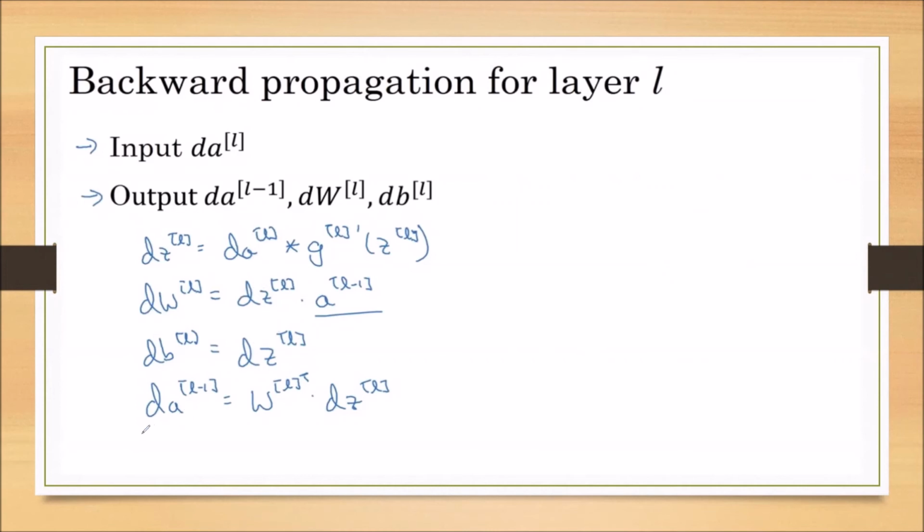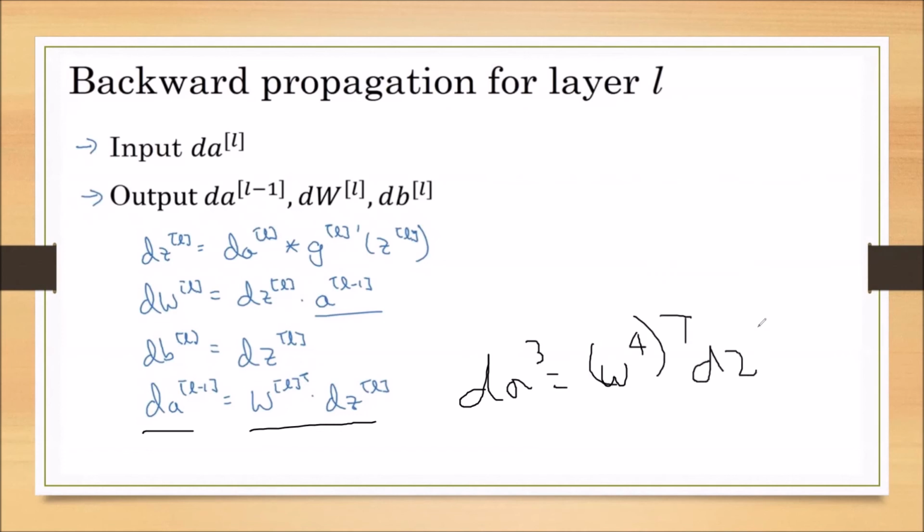Again, we are writing the previous layer dAL minus 1 is equal to WL transpose into dZL. That means if we want to get dA3, this is equal to W4 transpose into dZ of 4.